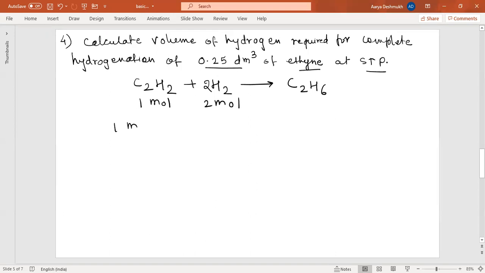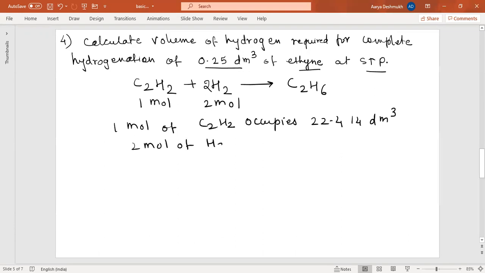So 1 mole of C2H2 occupies 22.414 dm cube. Okay. Now 2 moles of H2 occupy 44.828 dm cube.